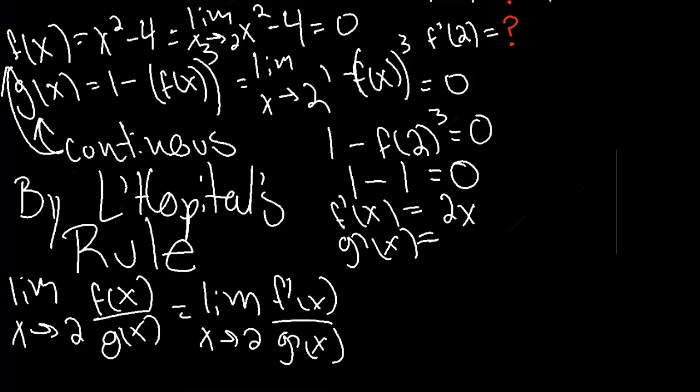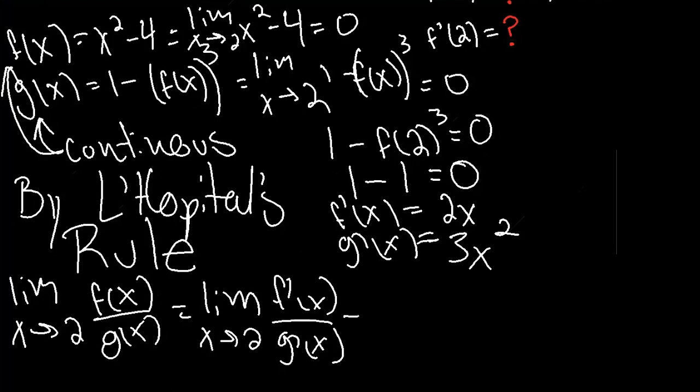We can just substitute this as x. We can think of f of x as equal to x. And we can continue to apply the power rule here. So we can carry down the 3 and subtract the exponent by 1, and therefore we have this, right?